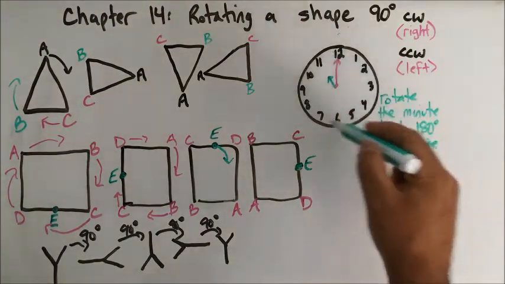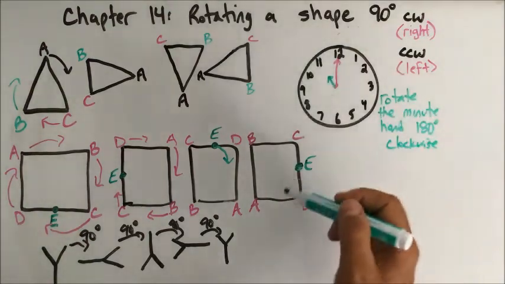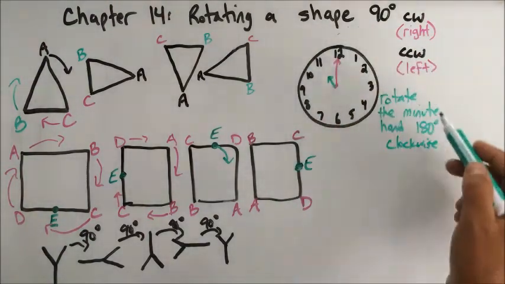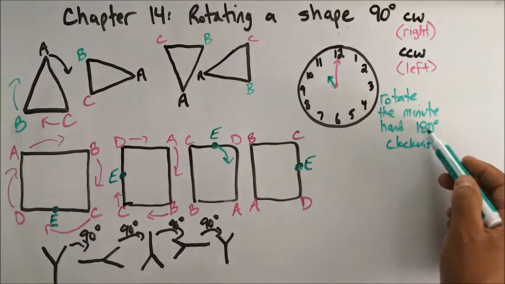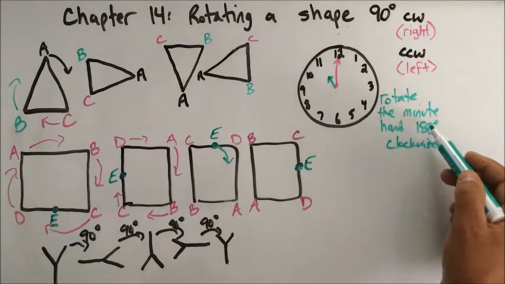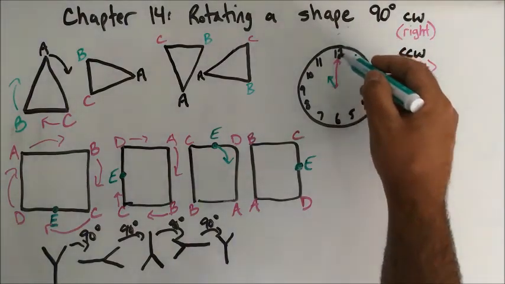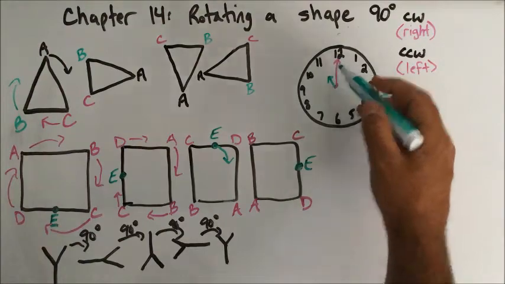So the good thing about a clock is it's already in a circle. And we know that a circle is 360 degrees. So if I wanted 180 degrees, 180 is half of 360. So if I'm starting at the 12, halfway around would be the 6.